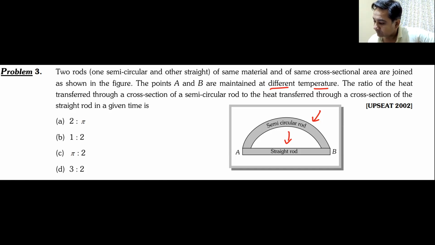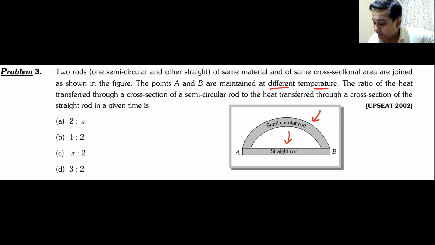5:2. And the answer is, which option? A, B, C. C. Think again. Is it correct? Is it not? The ratio of semicircular to the straight one.